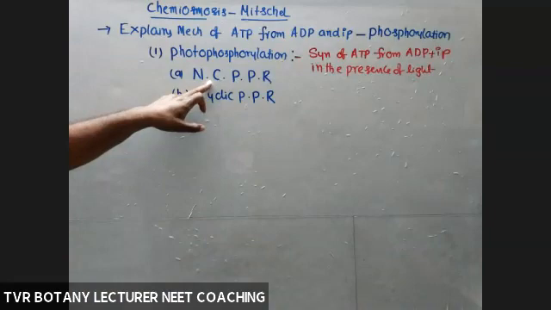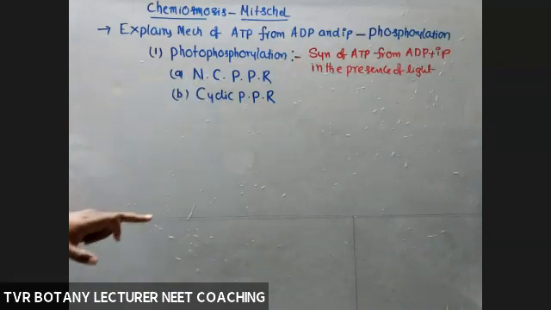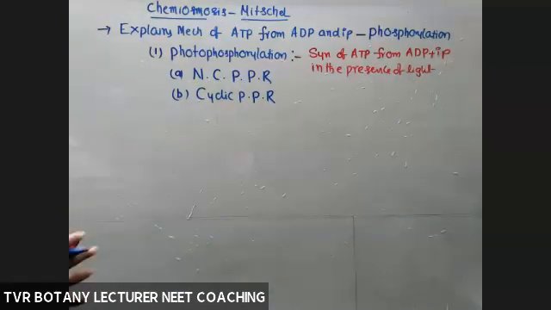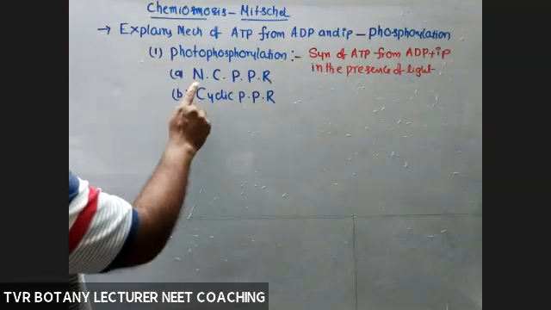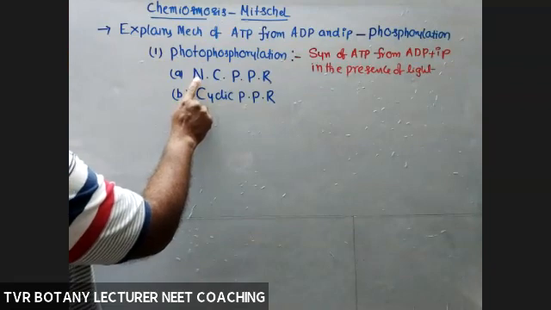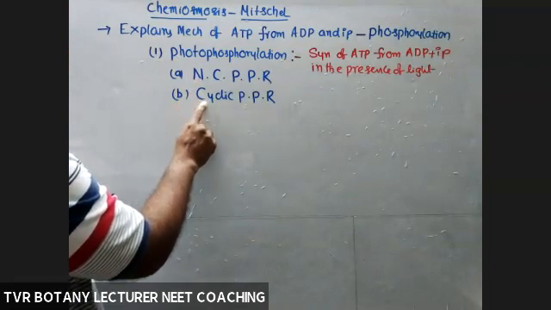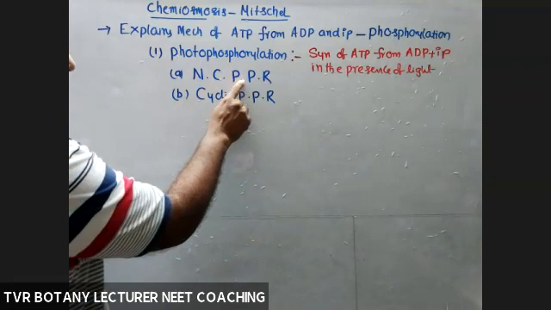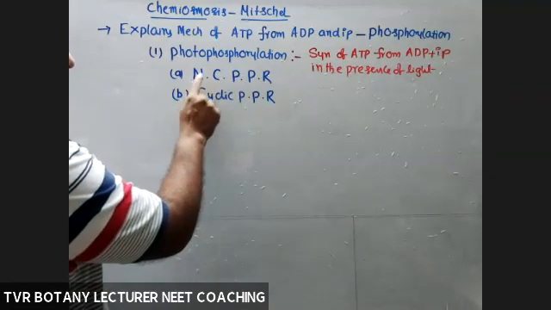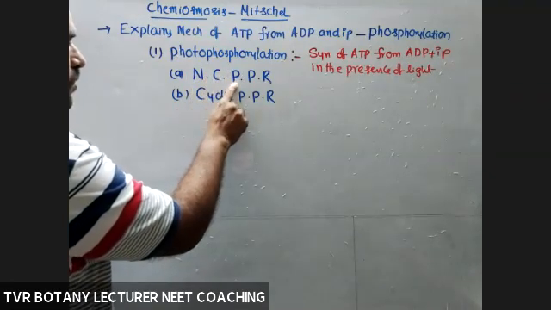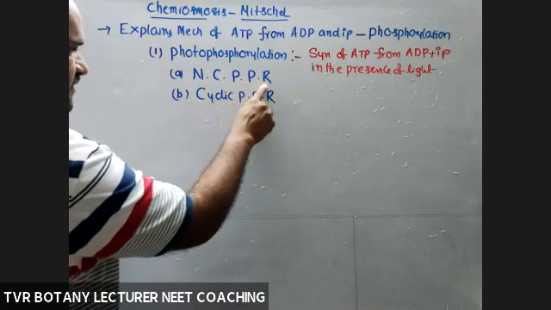So these two are types of electron transport system during light reaction. Light reaction takes place with the help of two types of electron transport systems, non-cyclic and cyclic. Synthesis of ATP by means of non-cyclic is called non-cyclic photophosphorylation.